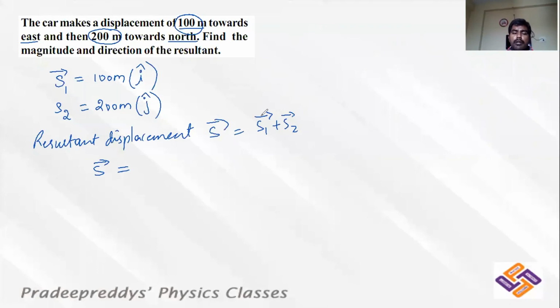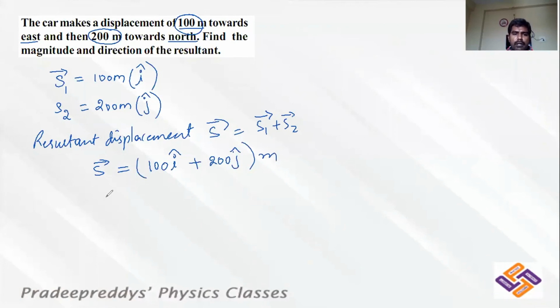But that is absolutely wrong. You cannot add those 200 plus 100 because they are in different directions. One is along east and the other is along north. So S bar is equal to 100 i cap plus 200 j cap. This is in meter. That is the resultant vector.